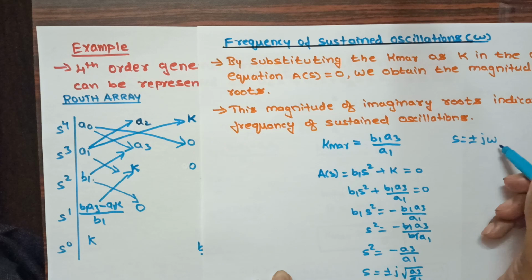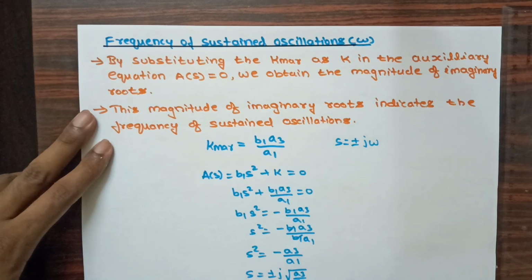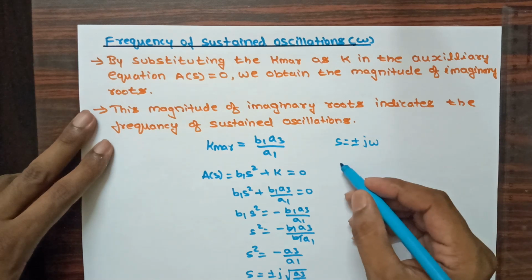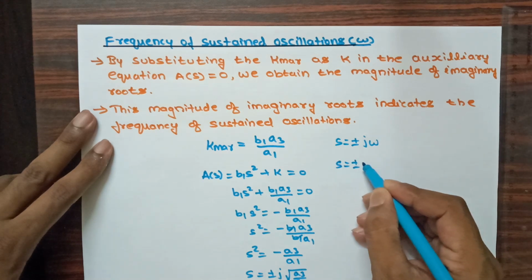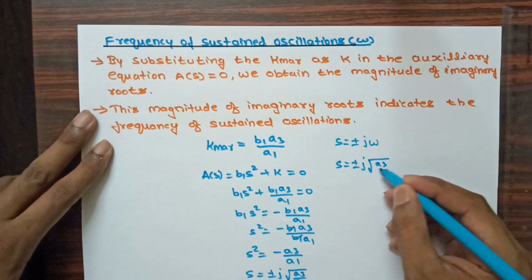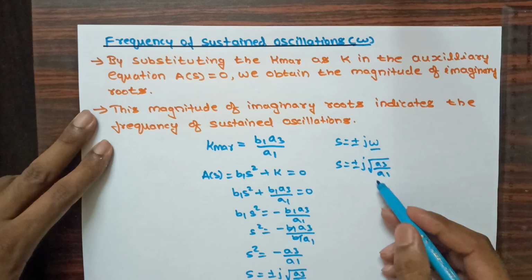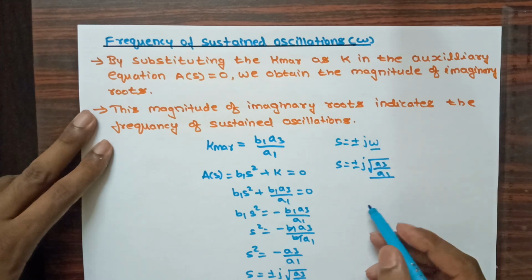This omega is the frequency of sustained oscillation. Compare this with the resultant value, that is s is equivalent to plus or minus j root of a3 divided by a1. You can see here the omega value is root of a3 divided by a1.